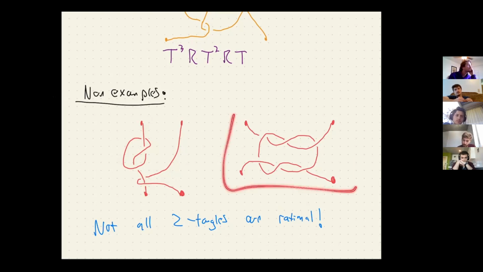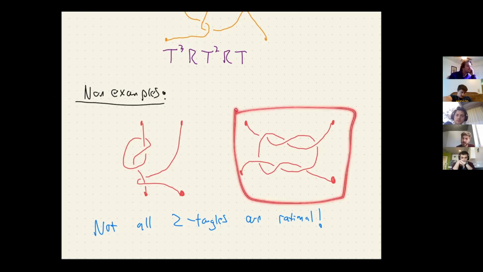And this is a little bit more of a tricky example, but the point here is that however I move these endpoints around on the sphere, there's no way to get this thing unknotted. And because rational tangles can always be obtained from the trivial tangle by a sequence of rotations and twists, this thing is not going to be a rational tangle.